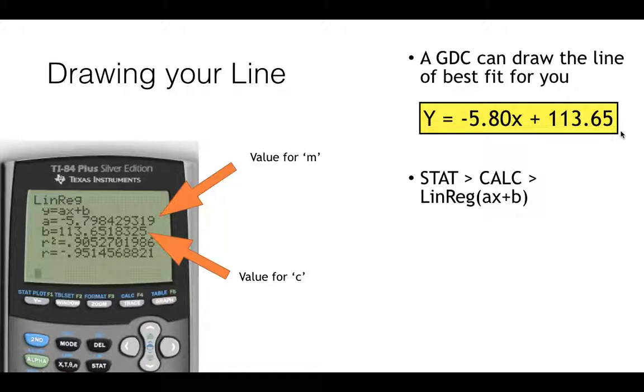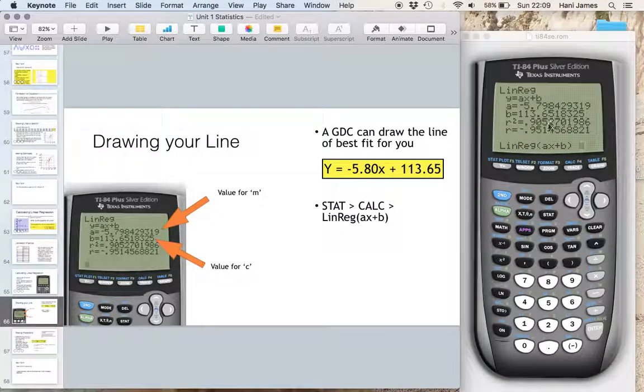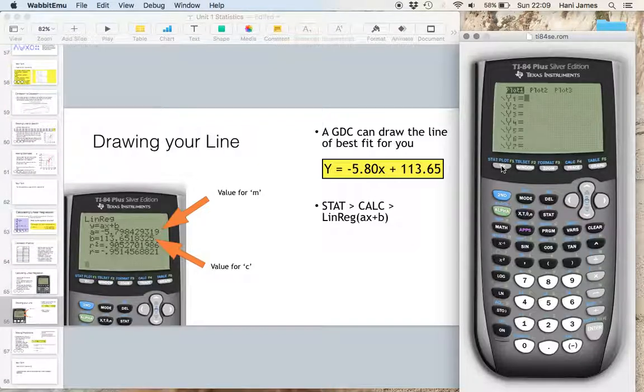Another clever thing is we can take this equation and put it into the Y equals on here. So I'm going to put it in, remember to use this little negative here, -5.80, and then we need to put in an x. Now you'll find your x here, and it's green, so I need to hit this alpha button for x, and then plus 113.65.